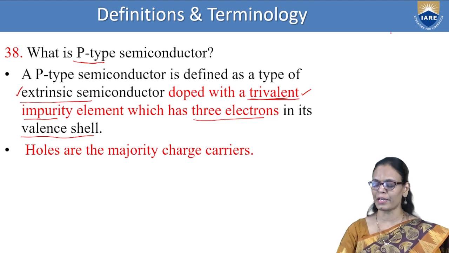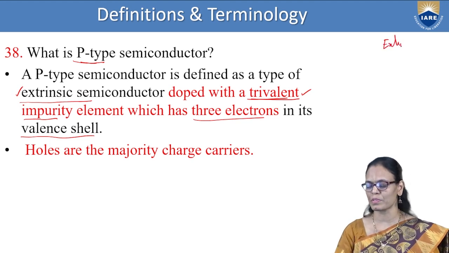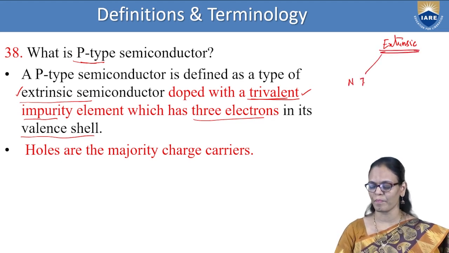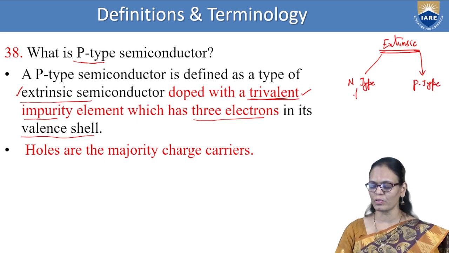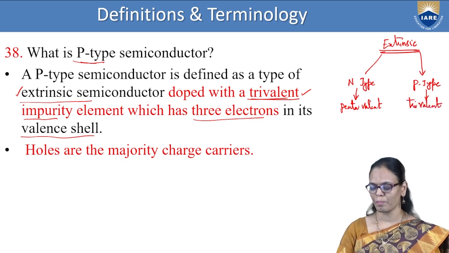In extrinsic semiconductor, there are 2 types. What we need to understand here: extrinsic semiconductor means we have N-type and we also have P-type. So in N-type, we are doping it with pentavalent impurity. In P-type, we are doping it with trivalent impurity. Pentavalent means 5 valence electrons.